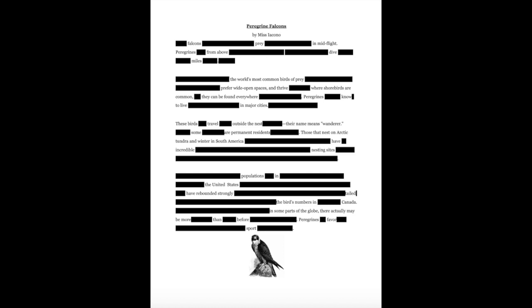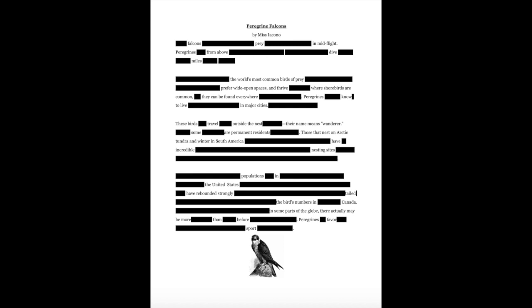Peregrine falcons. Falcons prey in mid-flight. Peregrines from above dive miles. The world's most common birds of prey prefer wide open spaces and thrive where shorebirds are common. They can be found everywhere. Peregrines known to live in major cities. These birds travel outside the nest. Their name means wanderer.